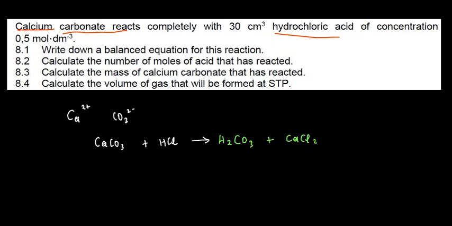Oh, wait, I'm lying. This is a metal carbonate and an acid. So we should form a salt, water plus carbon dioxide. So we have to form H2O. We have to form carbon dioxide.